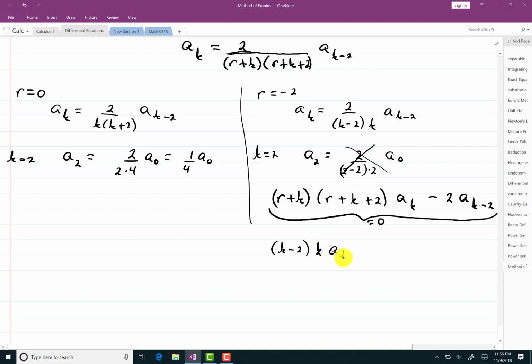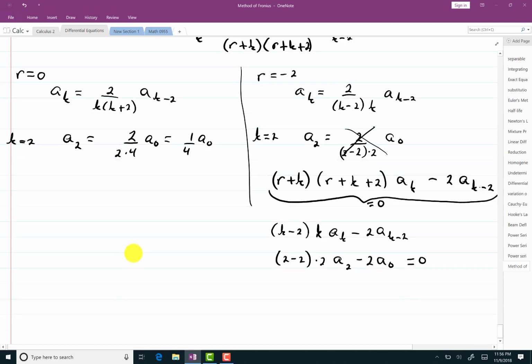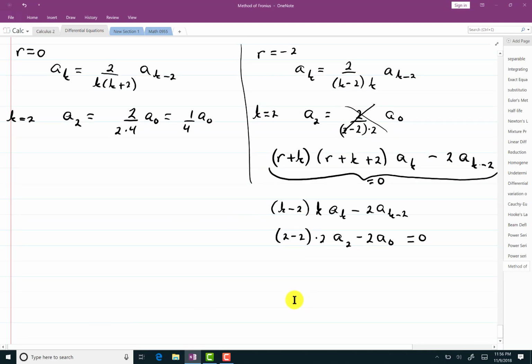A sub k minus 2, a sub k minus 2. Now when you try to plug in k equals 2, this is 2 minus 2 times 2, a sub 2 minus 2, a sub 0. Remember, this is supposed to equal 0. And that, of course, zeroes out, and you're left with a sub 0 equals 0.